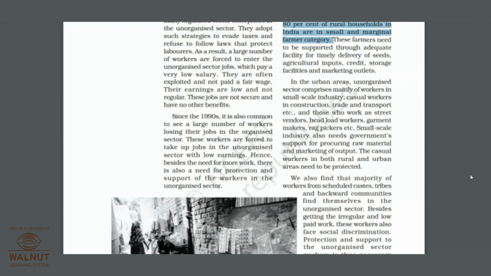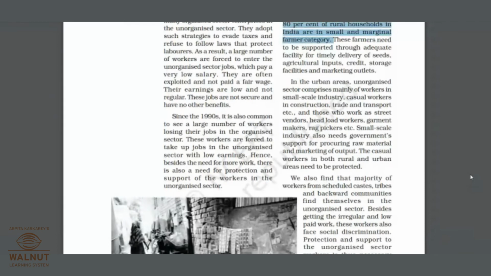Then head loaded workers, garment workers, rag pickers, etc. So now find out the meanings of these. Small scale industry also needs the government's support for procuring raw material and marketing of output. The casual workers in both rural and urban areas need to be protected.